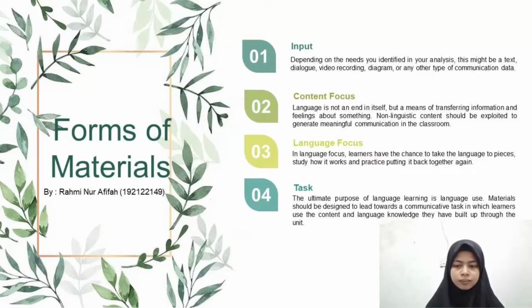Alright, we can conclude that these four elements combine in the model as follows. First, the primary focus of the unit is task. Second, the language and content are drawn from the input and are selected according to what the learners will need in order to do the task.